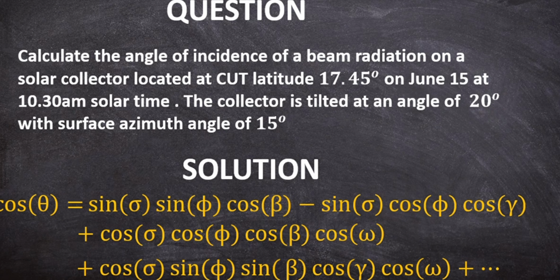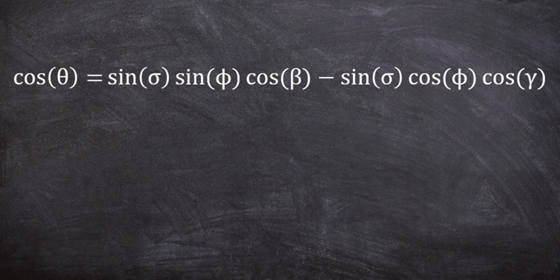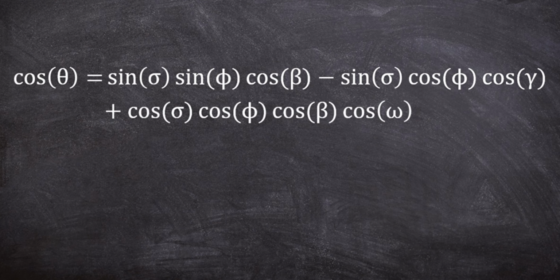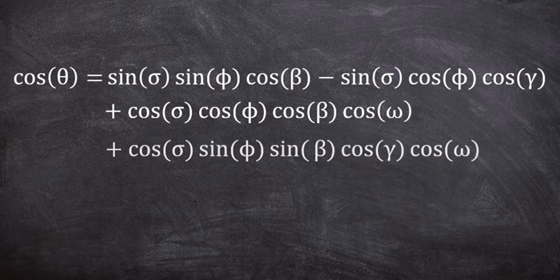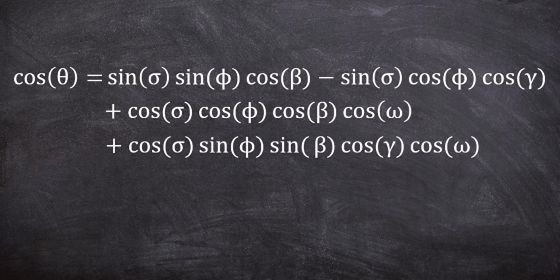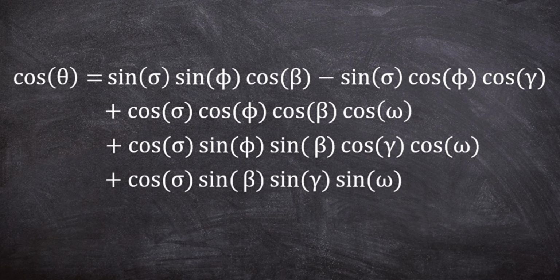So this is the setup of the formula. The complete formula says cos theta is equal to sine sigma sine phi cos beta minus sine sigma cos phi cos gamma plus cos sigma cos phi cos beta cos omega plus cos sigma sine phi sine beta cos gamma cos omega plus cos sigma sine beta sine gamma sine omega.